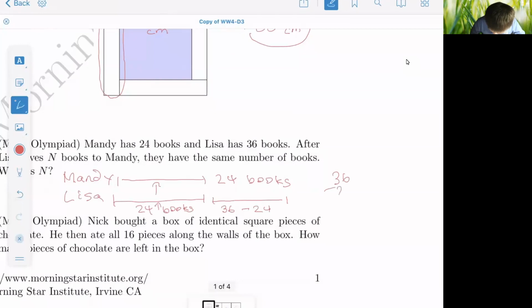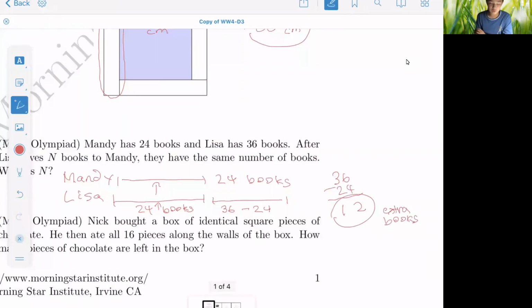36 minus 24. 6 minus 4 equals 2 for the units digit. 3 minus 2 equals 1 for the tens digit. So we have 12 extra books for Lisa.